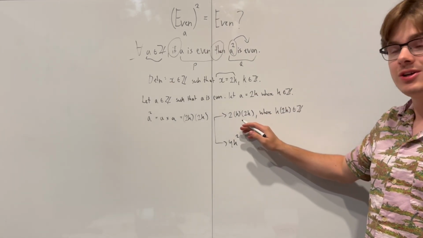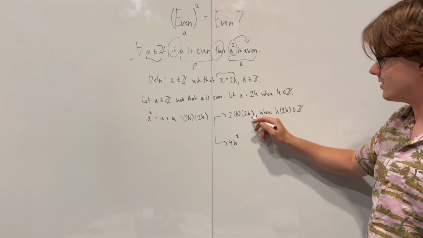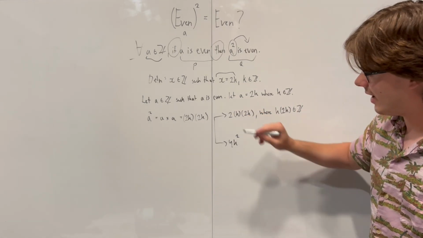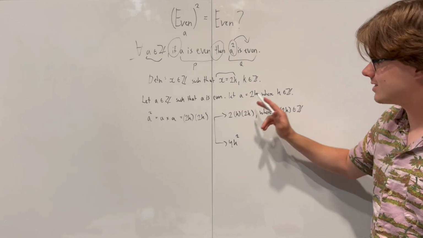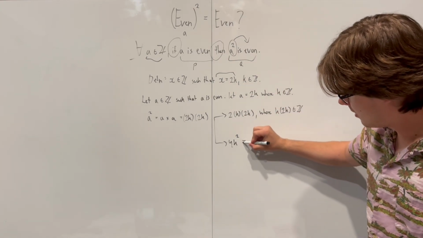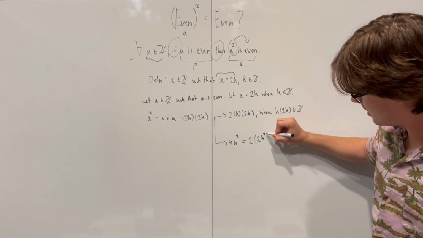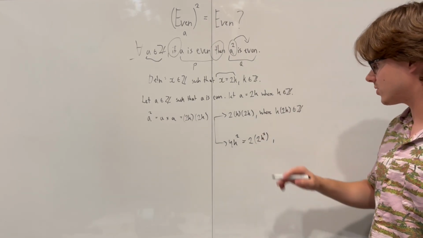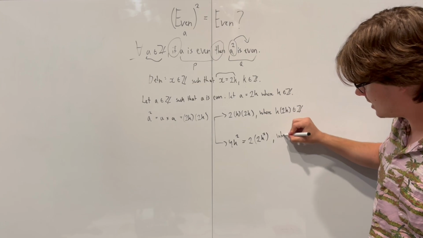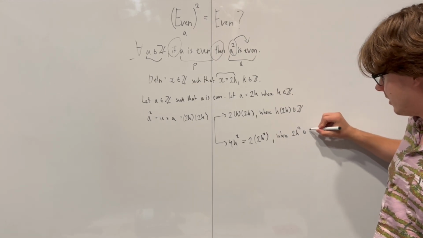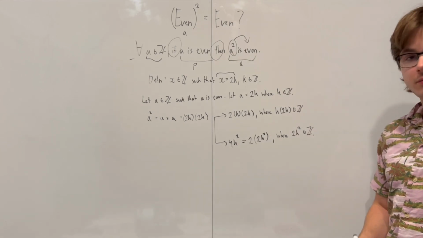Now, unlike here where you can immediately begin to say this is an integer and then conclude it's even, here you're going to have to do one more step and factor out a 2, right? Because you need to get something that's 2 times an integer. So this is then going to be equal to 2 times 2k squared. Awesome. So we just did an extra step, and now this is where, in this case, you would argue 2k squared is an integer. Great.